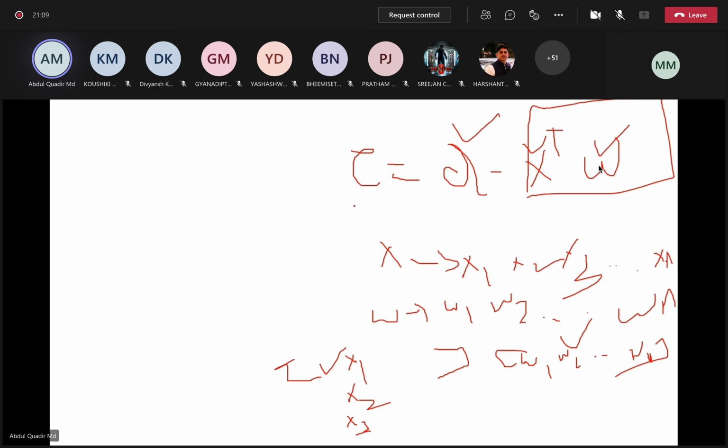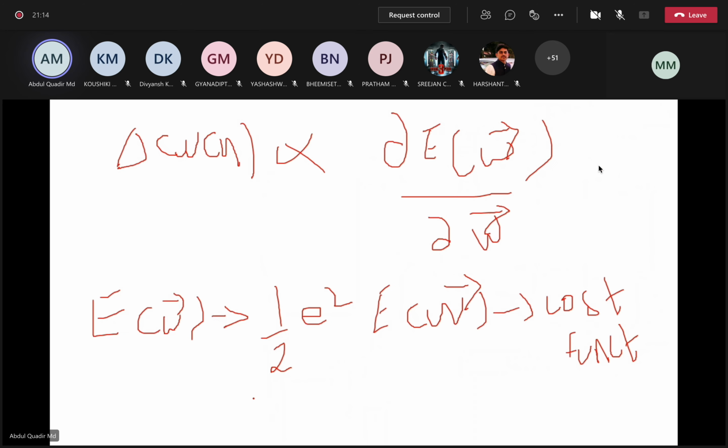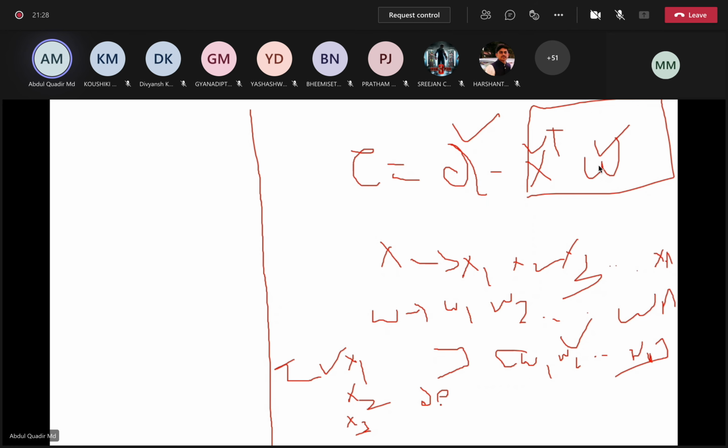Now, half E squared. We know that E is given by this one. So now if I take a derivative of this, dou E by dou W, what will I get? I will get minus x, right? The constant will go off. It is minus x. This is what I'll get.